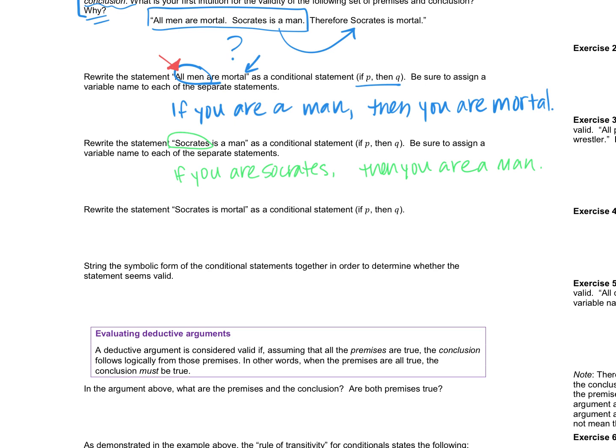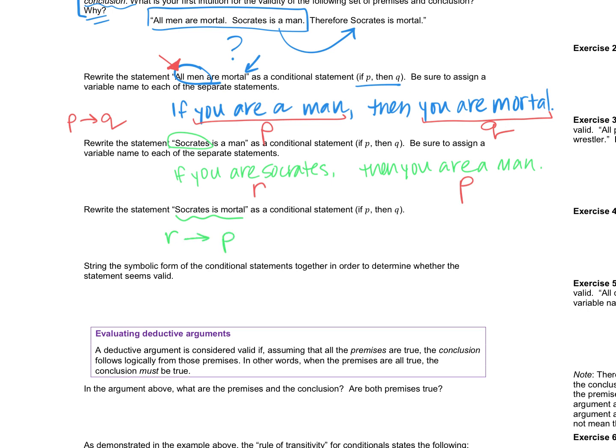So let's say that "you are a man" is P. "You are mortal" we're saying is Q. Saying "you are Socrates" is a brand new statement, so we'll call that R. And "you are a man" goes back to P. So we have right now that P implies Q. And for our Socrates statement, we'll say R implies P.